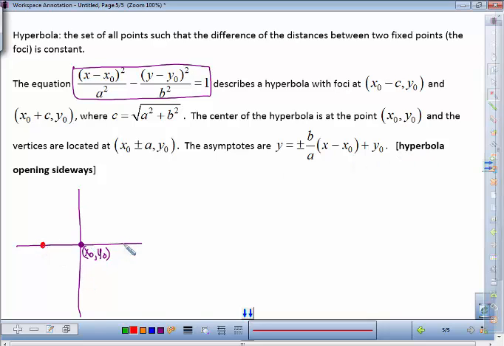Your foci is along a major axis, or an axis, not necessarily major. And what we're looking at, the shape of the hyperbola, would look like this, more or less.